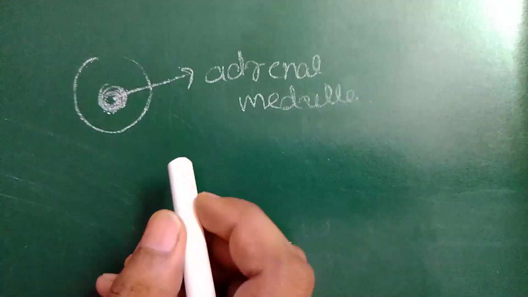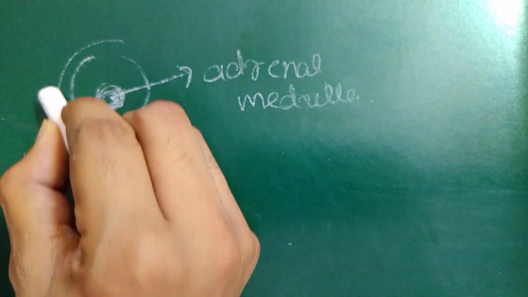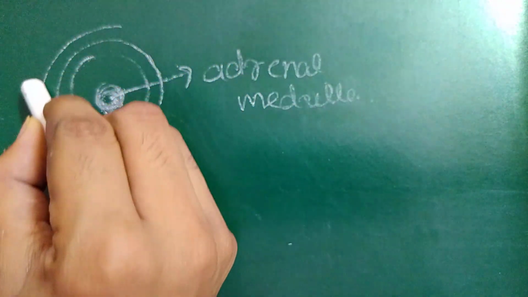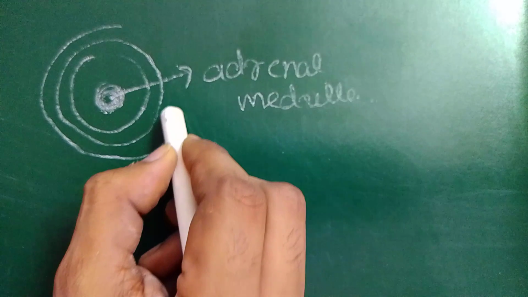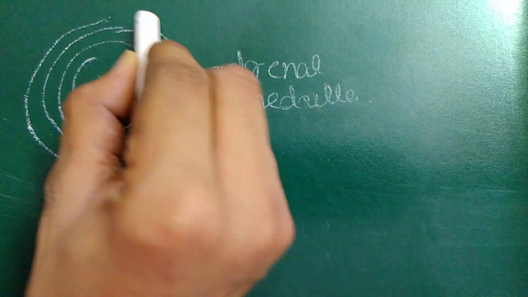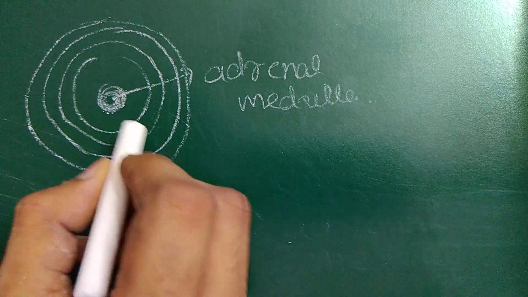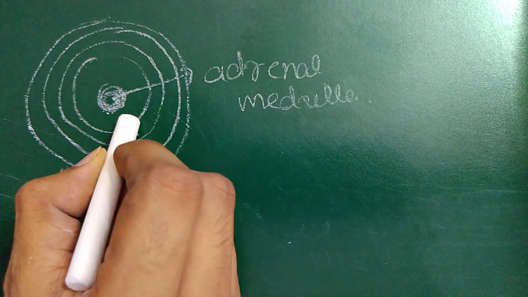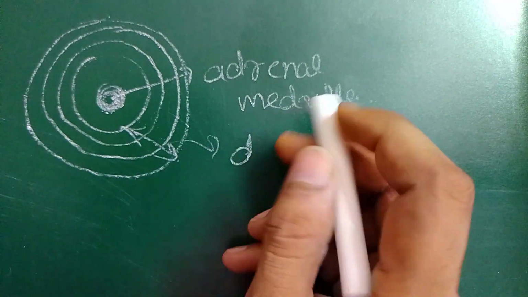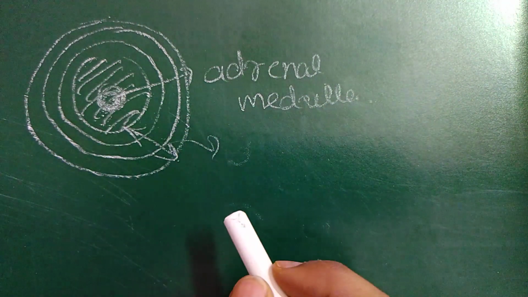And we have two parts also, three parts rather, say inner part, middle part, and outer one. These three parts, inner part, middle part, and outermost part, are known as adrenal cortex, and I would say this whole is medulla.